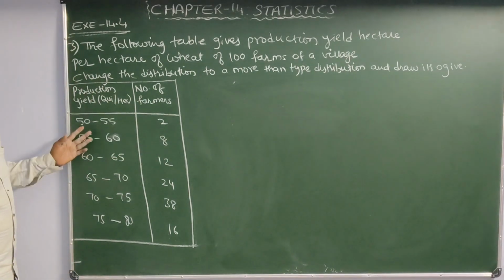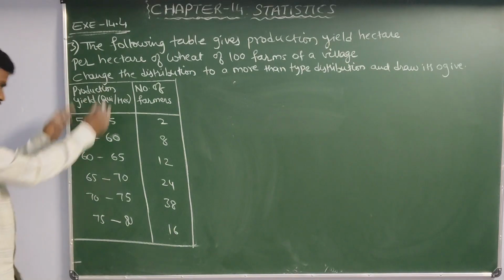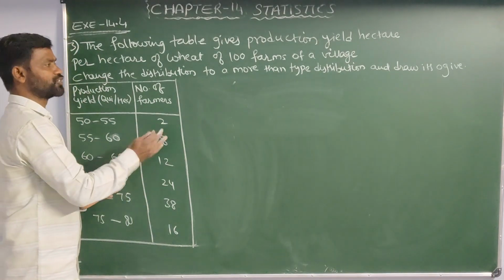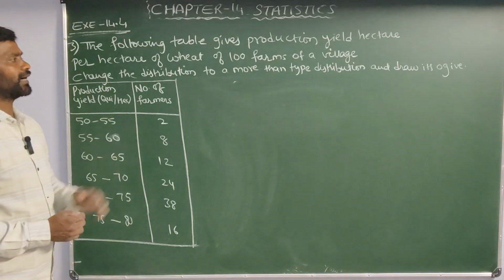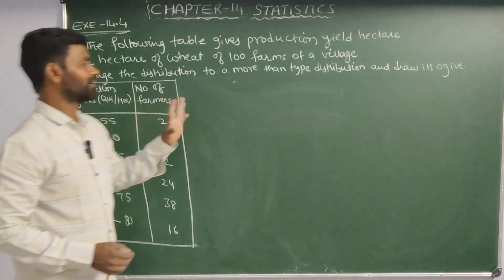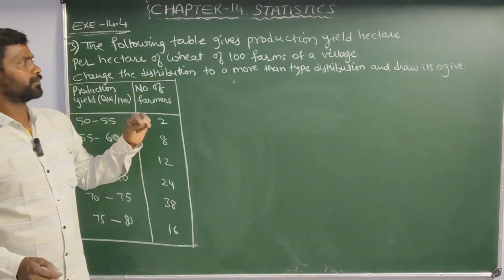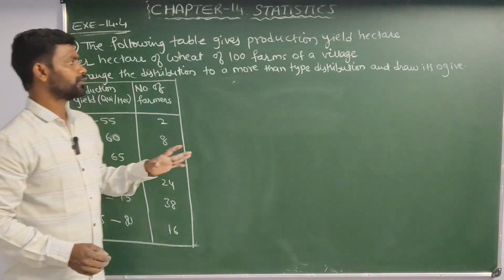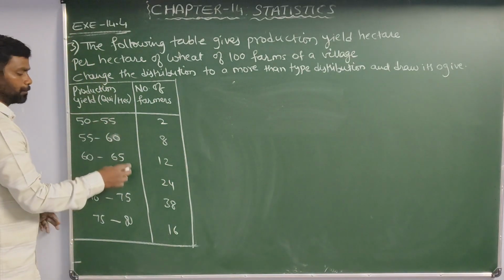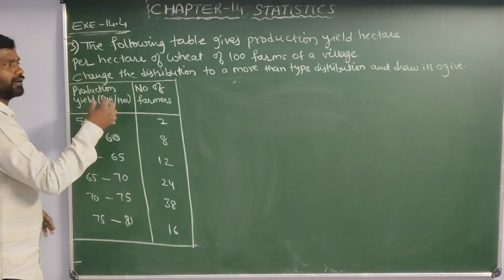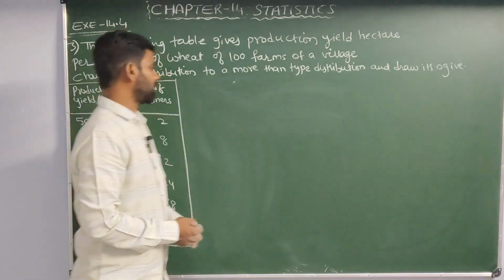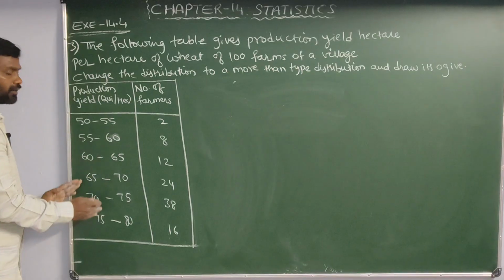This is the frequency distribution table. Now we have to change this frequency distribution table into a more than type distribution table. Very clearly I said that if the frequency distribution is of less than type, then we use the upper limits. If the distribution is more than type, then we use the lower limits.